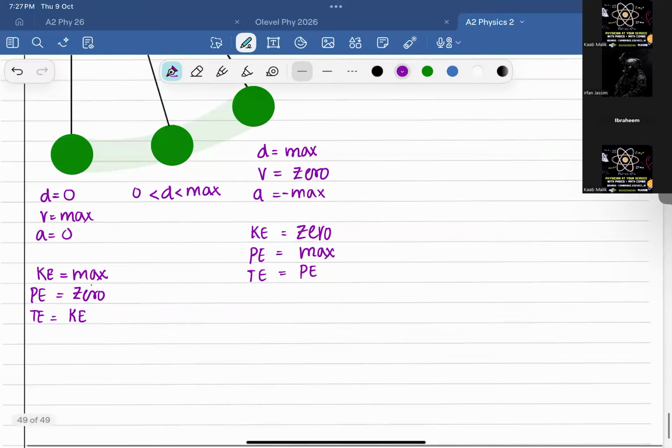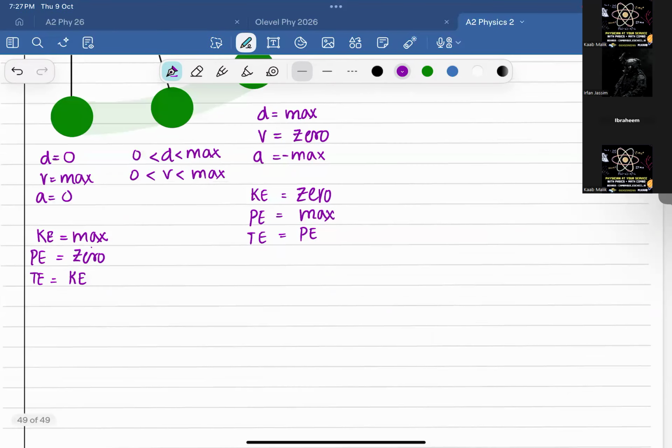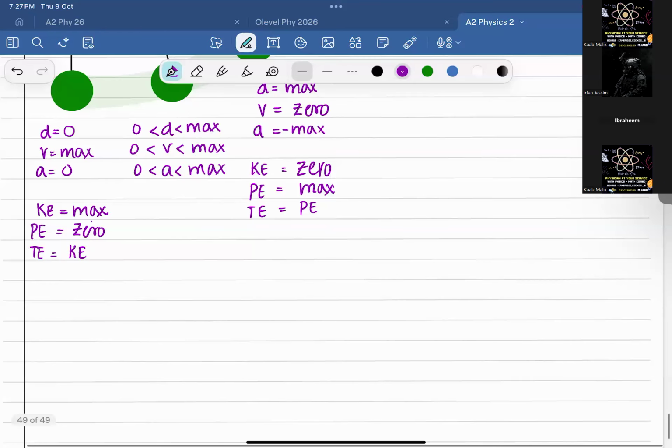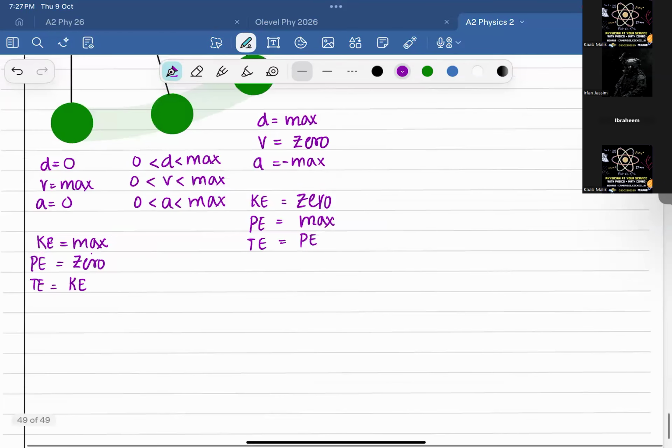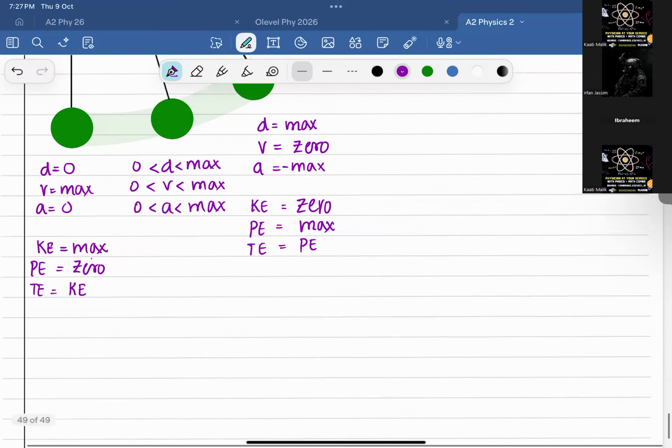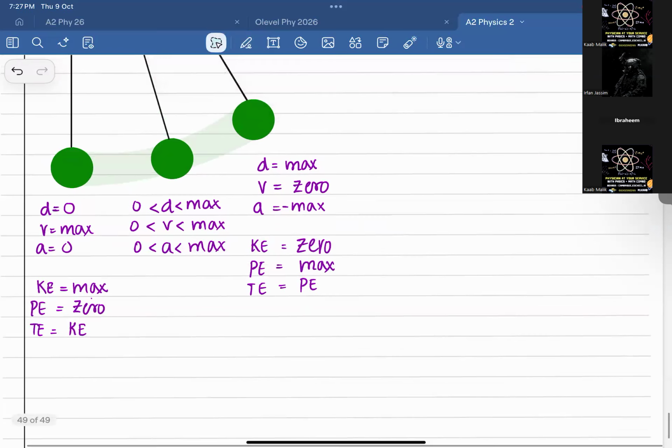Similarly, the velocity should be greater than zero, but smaller than maximum. And the acceleration would also be in between maximum and zero. The velocity shouldn't be greater than maximum. Okay, my bad, sorry.